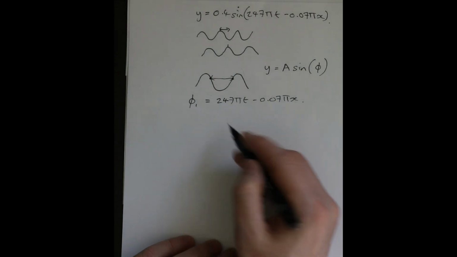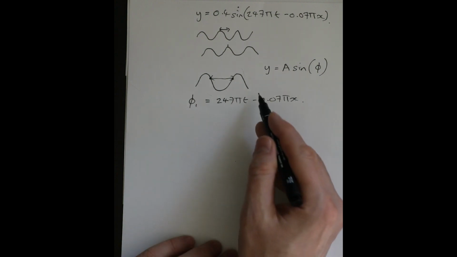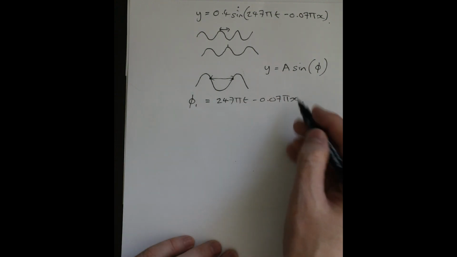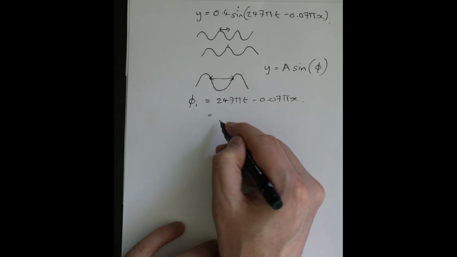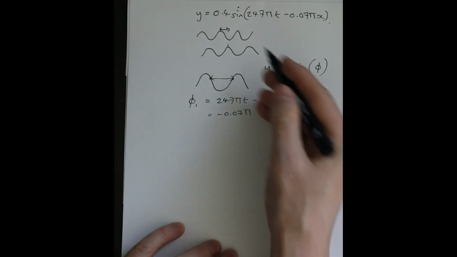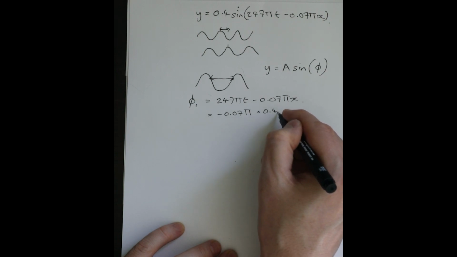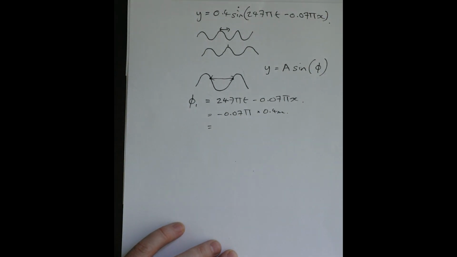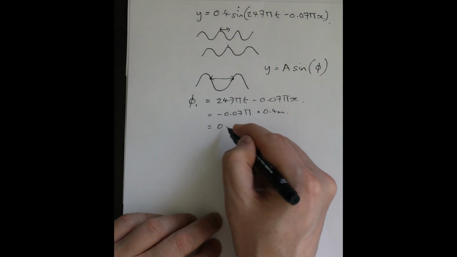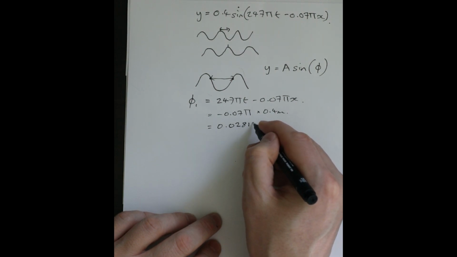So what we can do in this case is assume, to make the maths easier, that t is going to equal 0. Okay, so then we're just considering this part of the equation. If t equals 0, phi 1 is just equal to minus 0.07 pi x. So I'll choose the first value, which is 0.4 meters, and that gives me a value for the phase of 0.028 pi.